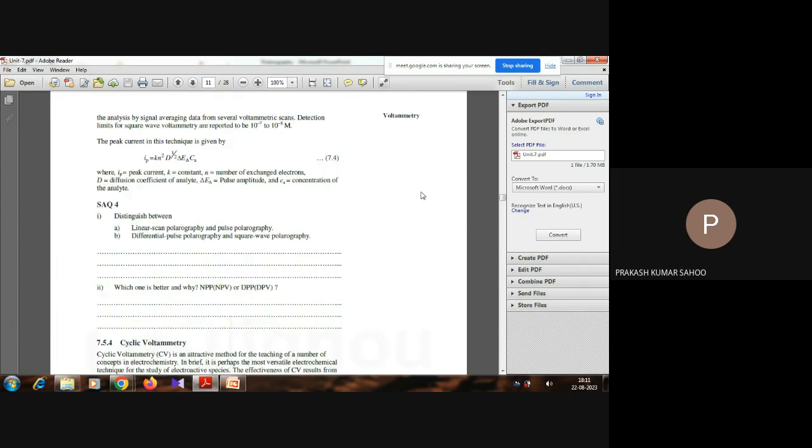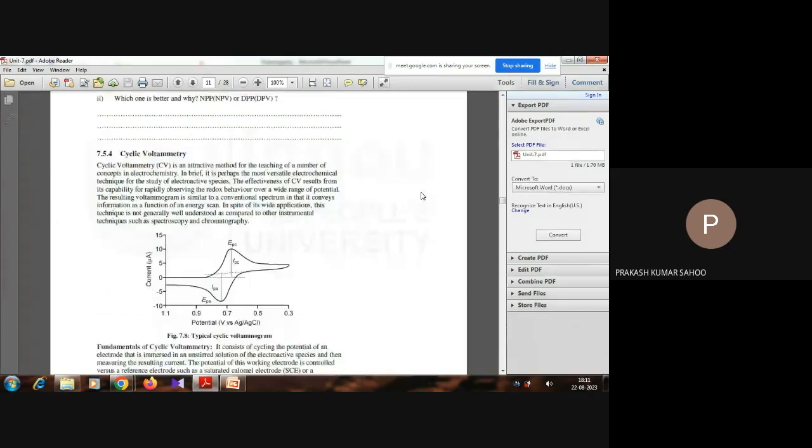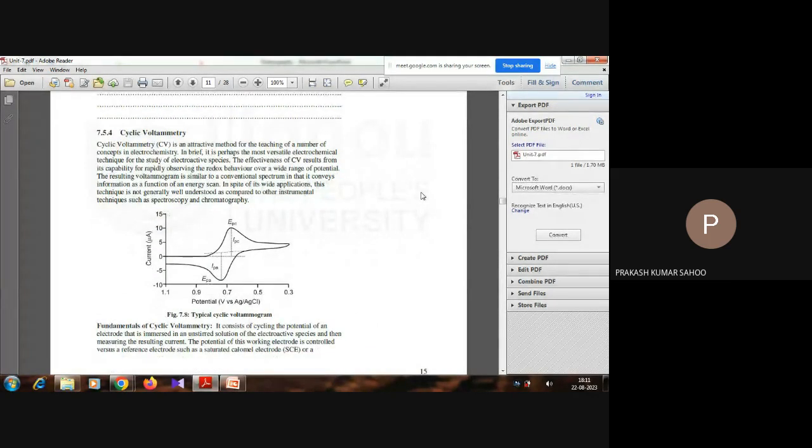Okay. So then cyclic voltammetry, that means a cyclic type system will be there, and this is the graph. It is just a continuous graph like a cycle. CV is an attractive method for teaching a number of concepts in electrochemistry.